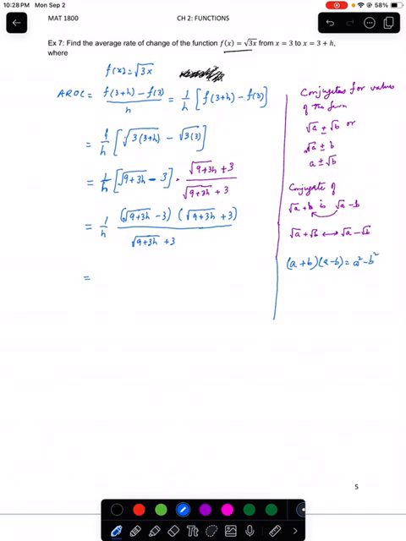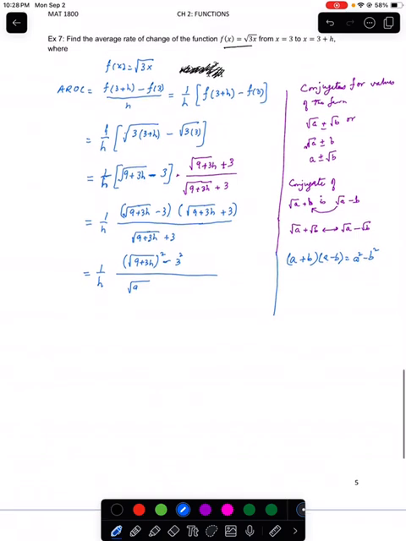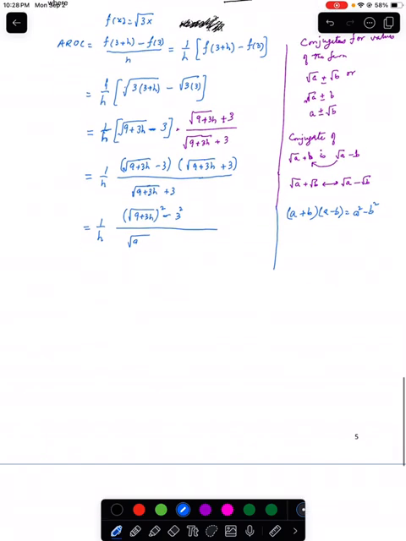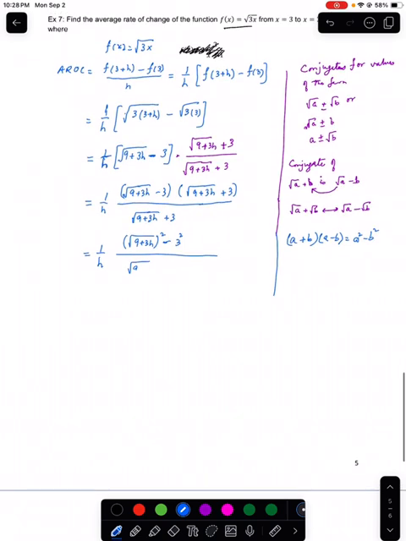So we can use that formula here in the top. So I get square root of 9 plus 3h whole squared minus 3 squared, and the bottom is square root of 9 plus 3h plus 3.